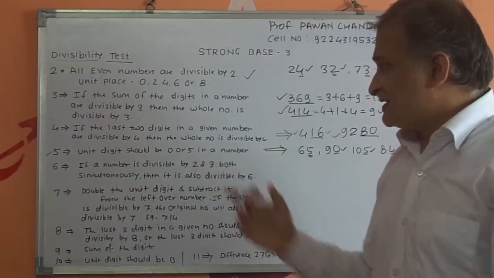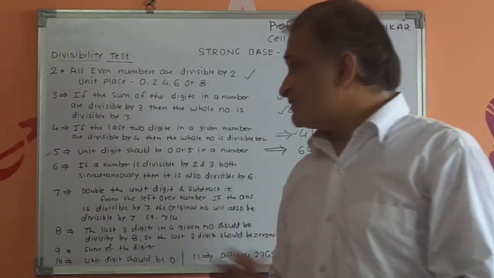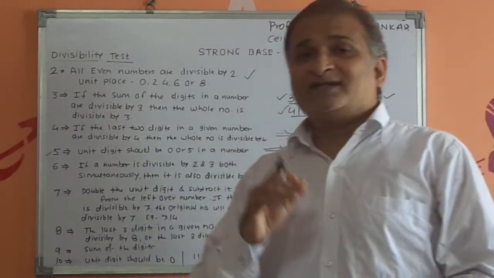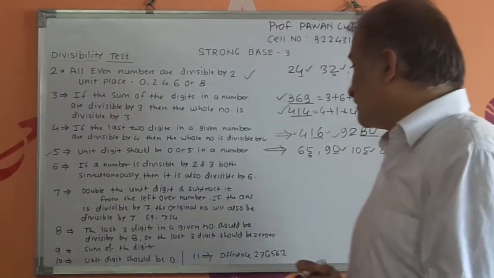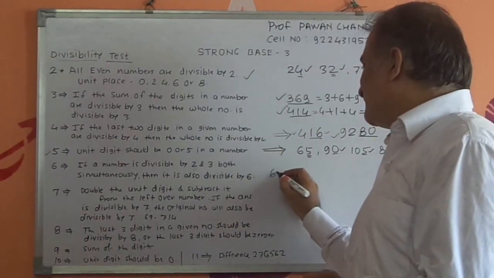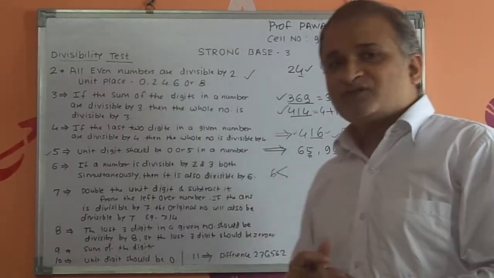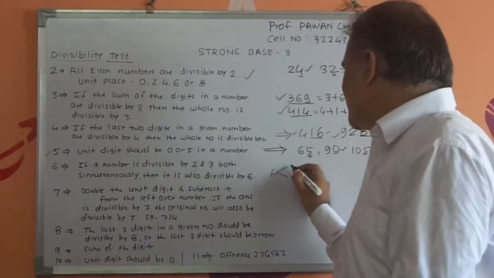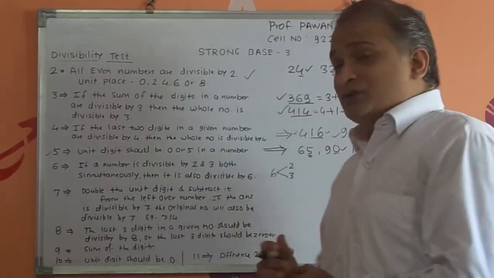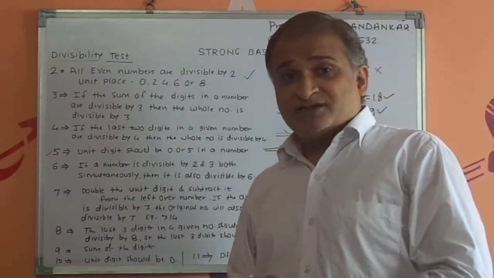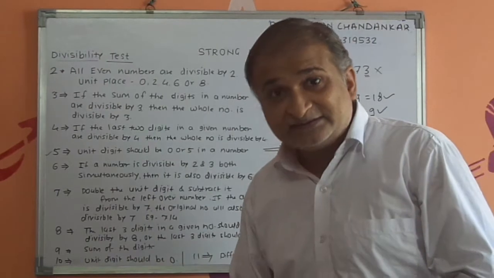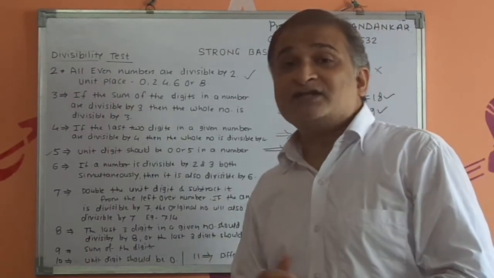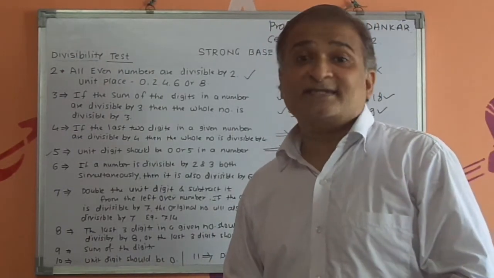The next test is the divisibility test of 6. Now when will you say that a particular number is divisible by 6? In order to understand this, let's see this. What are the factors of 6? 2 and 3. So if a number is divisible by 2 and 3 both simultaneously, then that particular number is also divisible by 6.